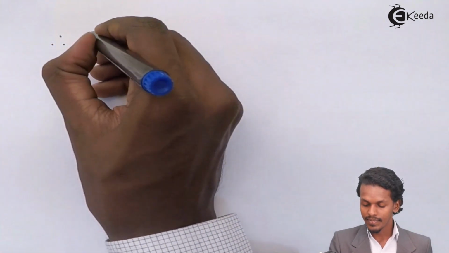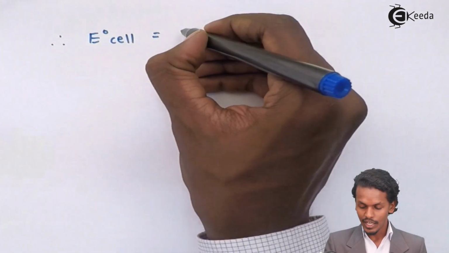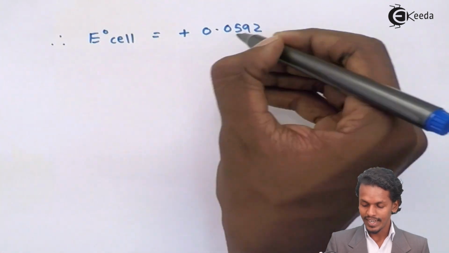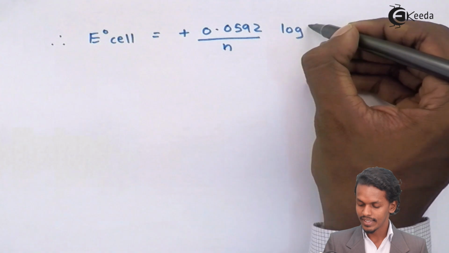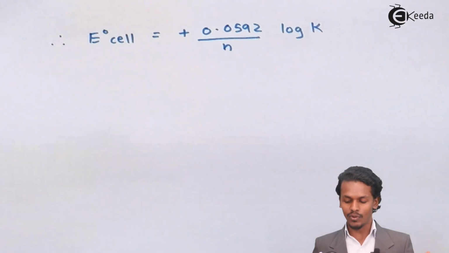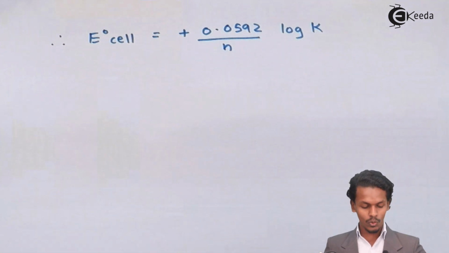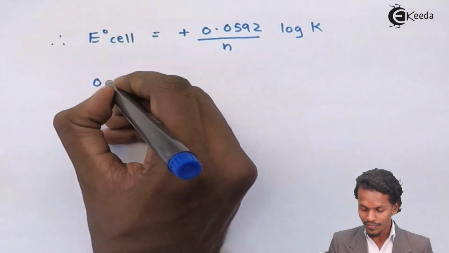E naught cell is equal to plus 0.0592 divided by n log to the base 10 of K, that is for the equilibrium constant. The value of E naught cell is clearly known to us, which we have calculated as 0.52 volt.